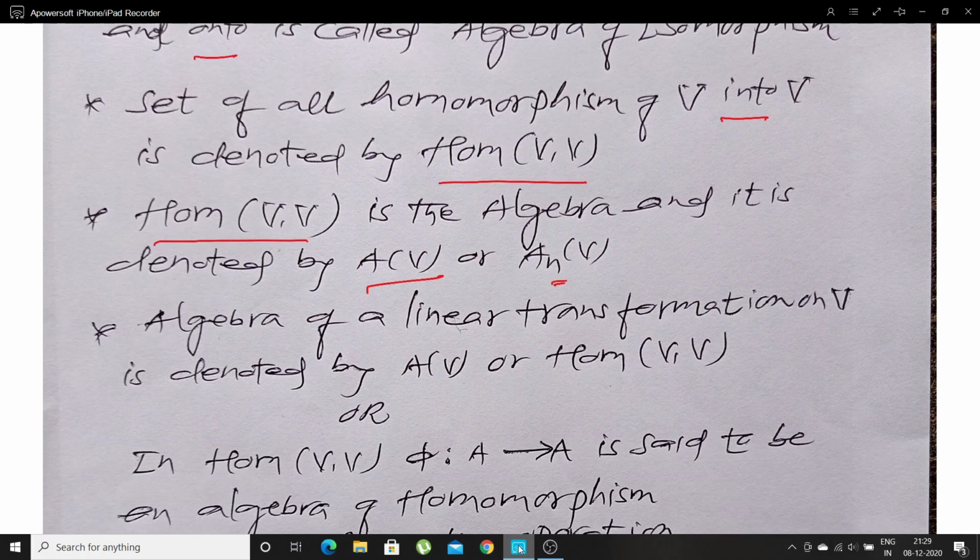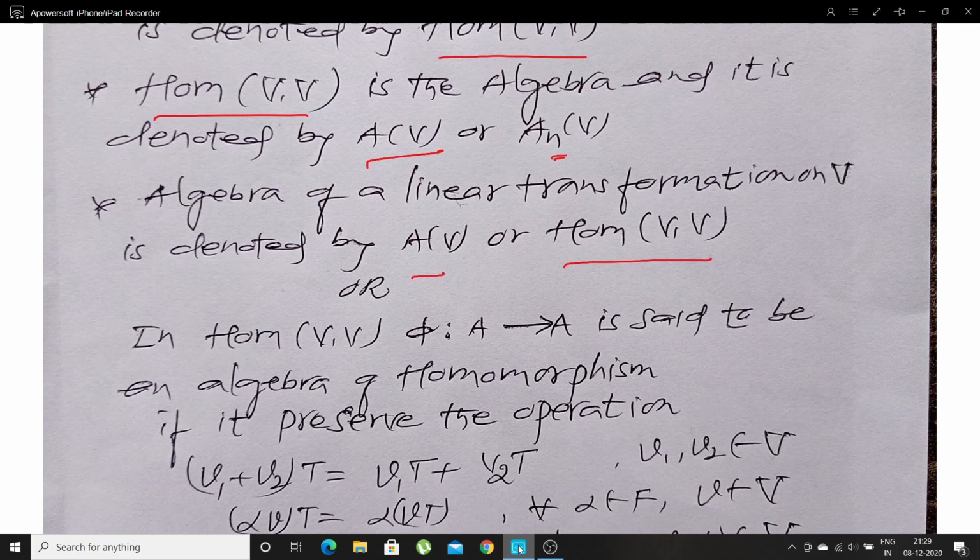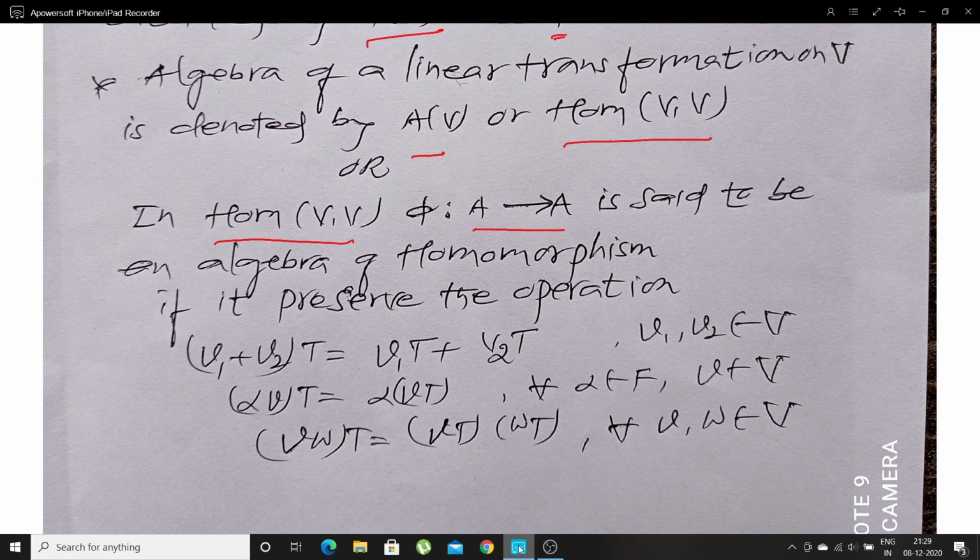The algebra of linear transformations on V is denoted by A of V or homomorphism of V into V, and you know the definition of linear transformation that we studied in UG. The next point: the mapping in a homomorphism of V into V is said to be an algebra homomorphism if it preserves the vector addition property as well as the scalar multiplication property.